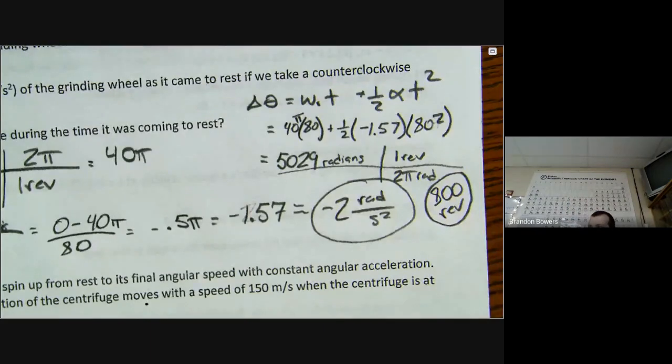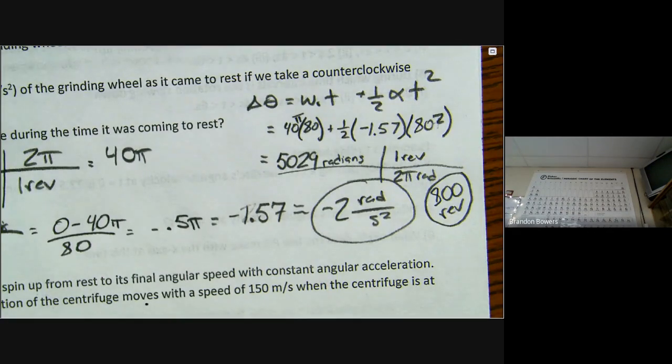Hold on, I did it a different way, and I want to make sure that I didn't do it wrong. What do you get? So I got 800. I just want to make sure it's not just a fluke. So I took the highest speed and divided it by 2, since that's going to be the average speed throughout. Then I multiplied that by 80 because that's how much time there was. How did you get the average speed?